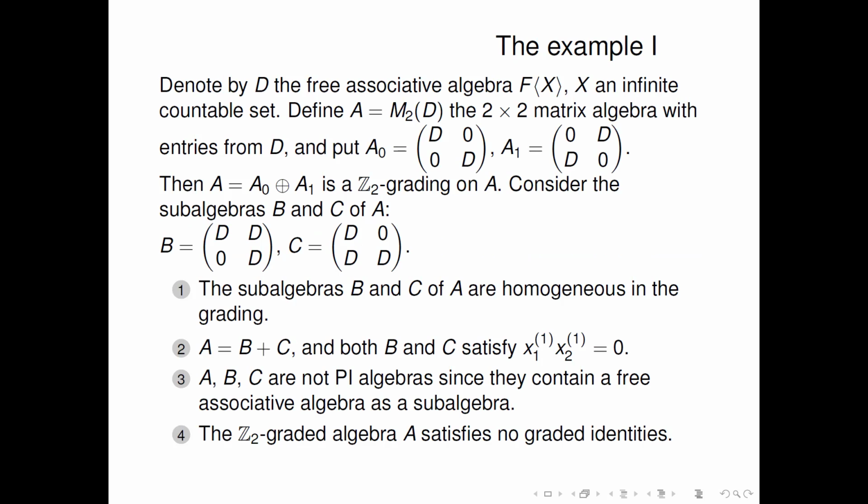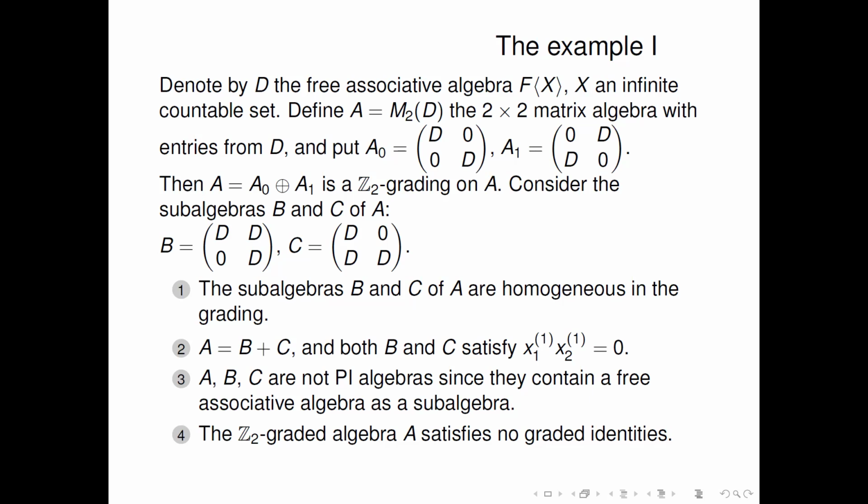Then take this grading on the diagonals, and I'll consider the following subalgebras. B will be this part, with zeros here, that is, upper triangular matrices, and C, lower triangular matrices.